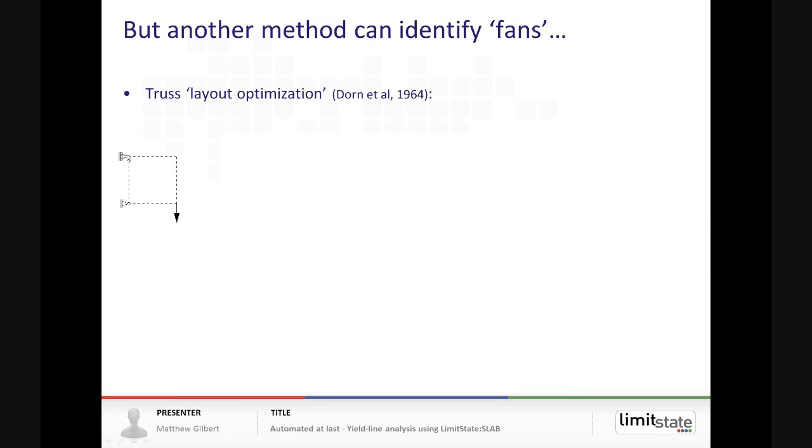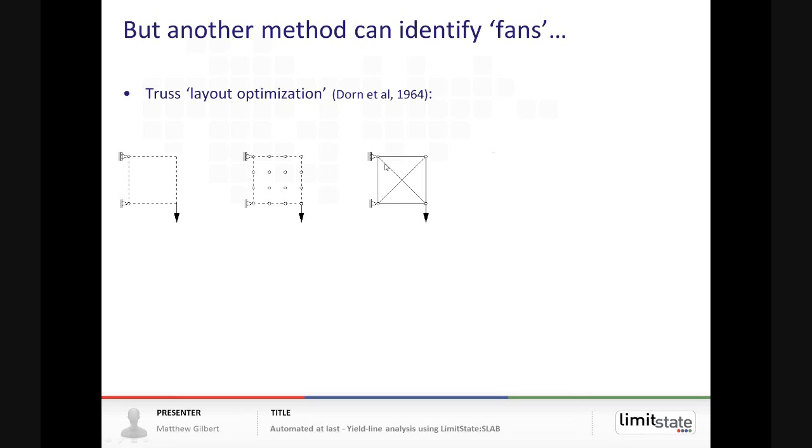What you do is you specify support conditions, a design domain, and an applied load. You populate that design domain with potential nodes, and you can have a moderate number of nodes, as we've got in the second image, or you can have very few nodes, as we have in the third image.